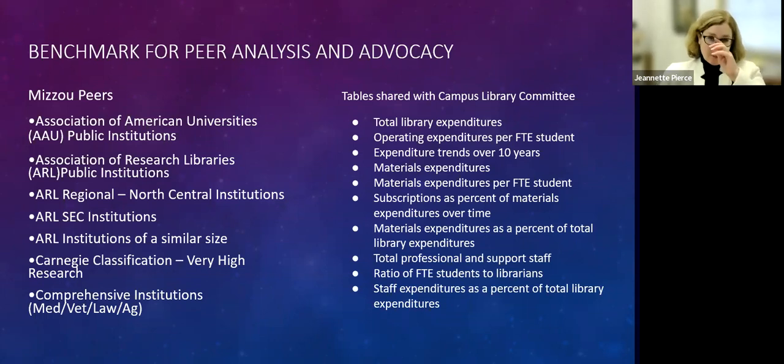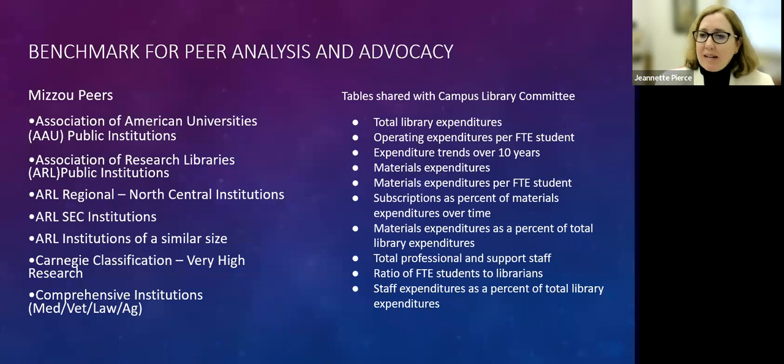So I was able to prepare a presentation that looked across the types of information in the second column there: our total library expenditures, our operating expenditures, expenditure trends, materials expenditures. Benchmark gave us some very nice ratio data, which you'll see a couple of examples of in the presentation, as well as staffing size and staffing ratios.